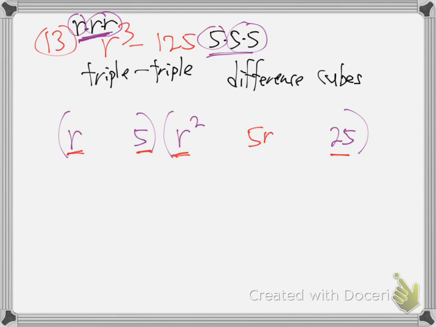And then we SOAP the signs. Same, opposite, always positive. Same as what we started with, minus, opposite, always positive, done. That's the pattern for triple-triple. Now, we've only done the simplest one, unfortunately.